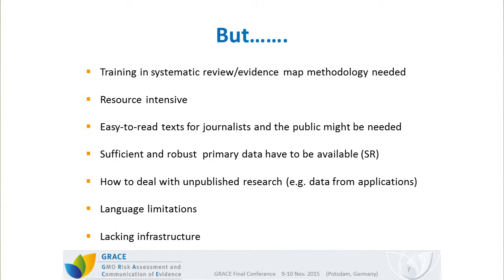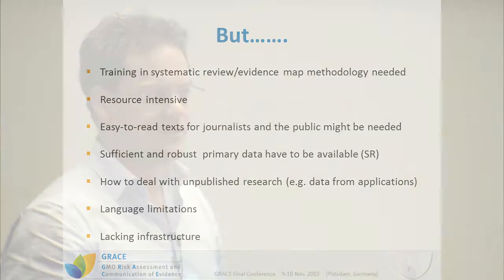What we also experienced in GRACE is that, because these evidence synthesis tools are newly introduced into the area of GMO impact assessment, we were faced with a lacking infrastructure. Especially in the case of socioeconomic reviews, we didn't find a journal able to peer review the protocol. This has to be considered, and we should also think about how to improve that.